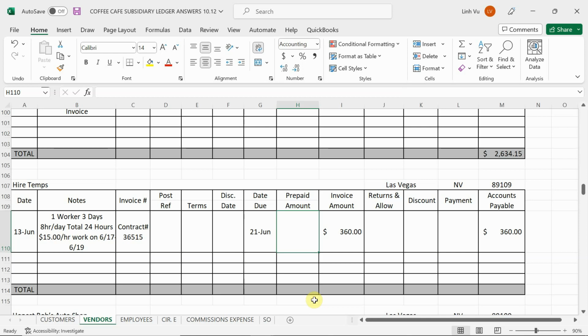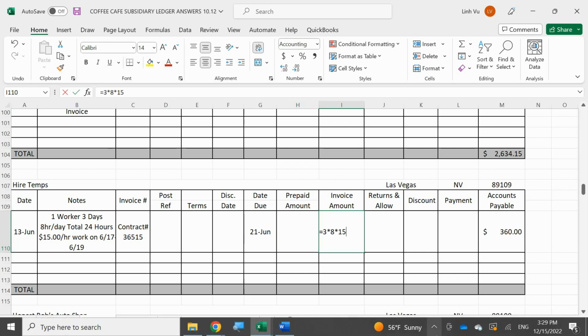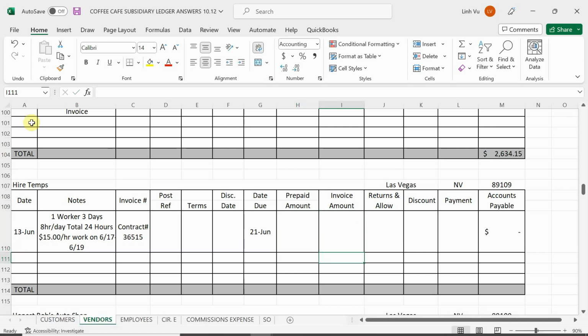Now, if you don't want to have that so you don't get confused, then you don't need to put it in there, right? Because you can safely just do the calculation again in your head, or you can leave the calculation here in the items in the invoice. So when you look at your hired temps, it looks like you don't owe them anything yet. Whatever makes sense to you.